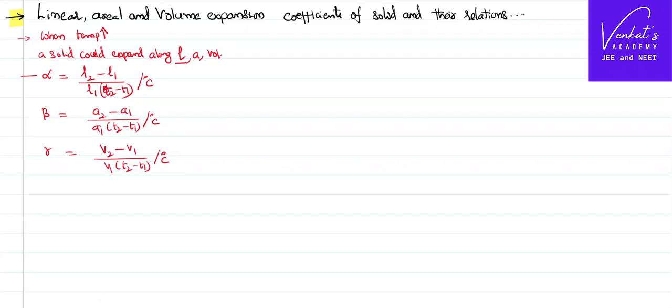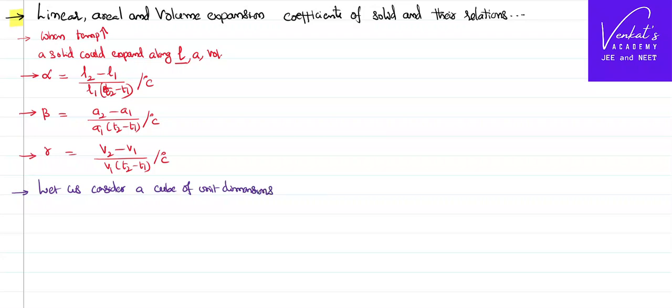Having defined these three things in the previous video, next we want to find a relation between these three, how they are related to each other. To do that, let us consider a cube of unit dimensions.